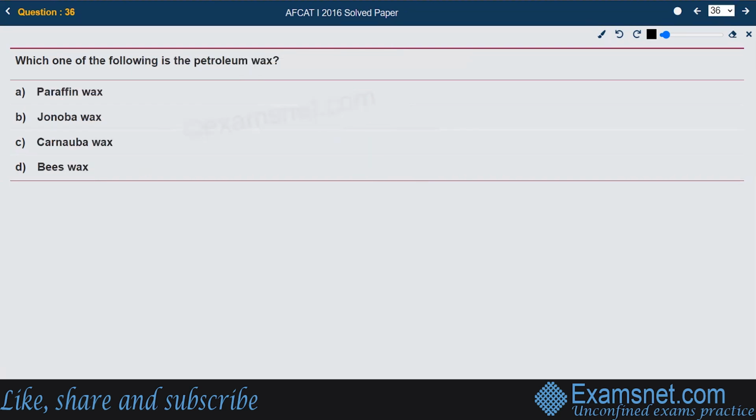Now, which one of the following is the petroleum wax? The right answer is paraffin wax, that is option A. What is paraffin wax? It is obtained from petroleum by dewaxing light lubricating oil stocks. Where is it used?